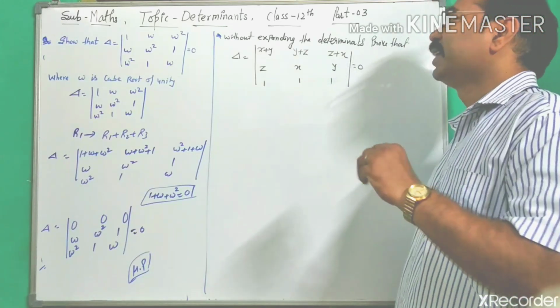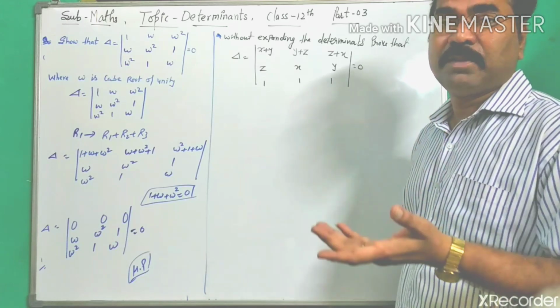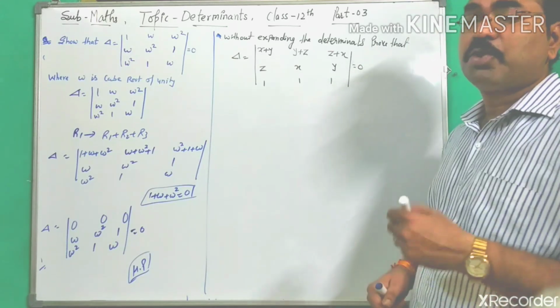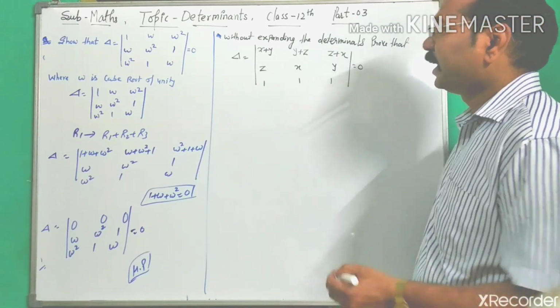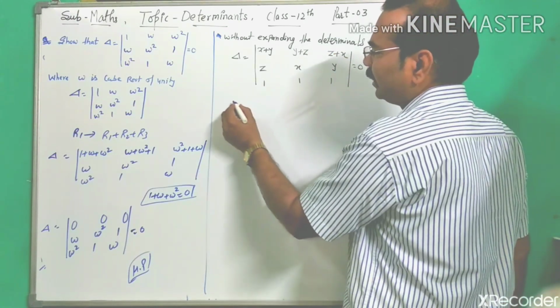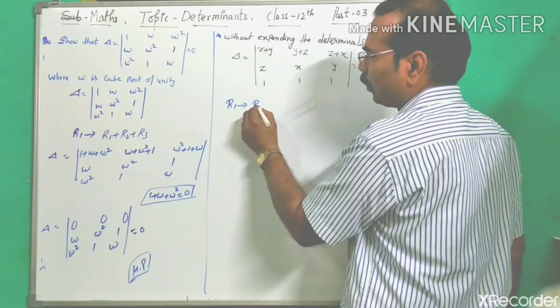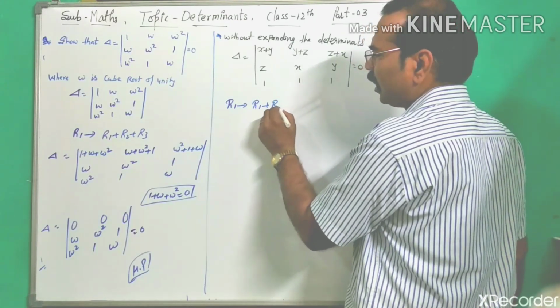So how can we get another row or column to match? We do some operation here: R1 is equal to R1 plus R2.